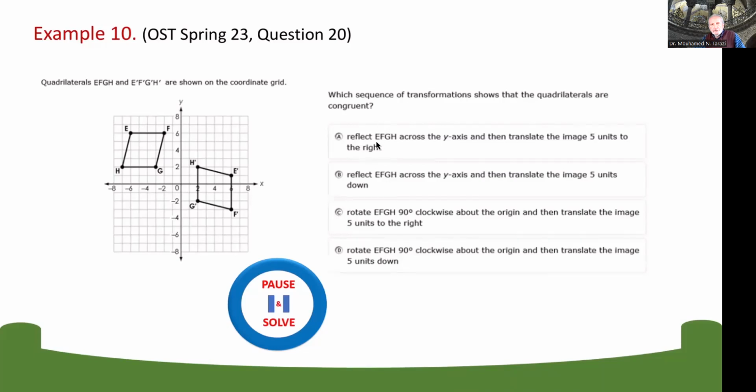And you see here the transformations are done on EFGH, the original one, okay? So now you have to read those. It says reflect EFGH across the y-axis, then translate the image 5 units to the right.